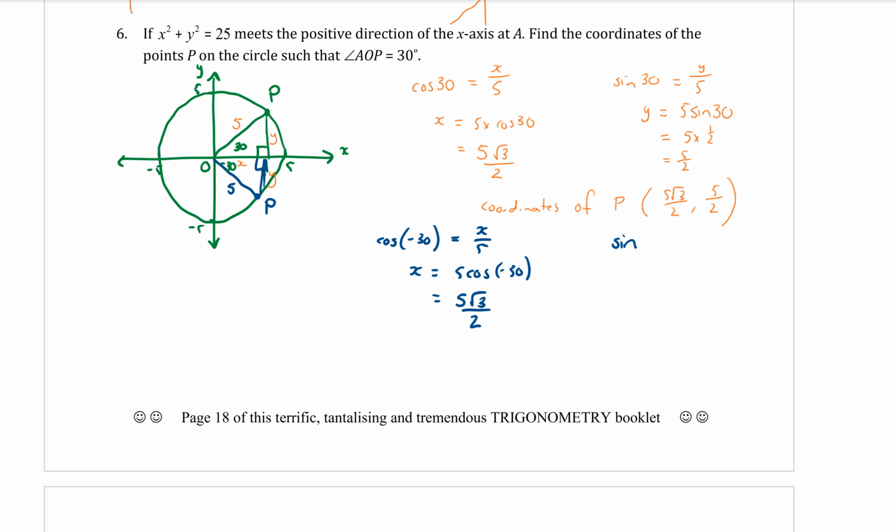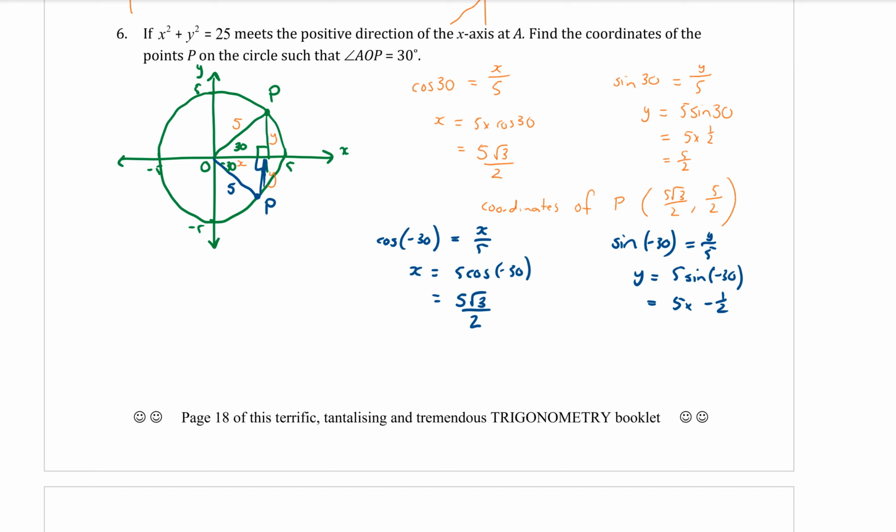If I do sine of negative 30, I get y/5. So y is going to be equal to 5 times sine of negative 30. But because we're doing sine in the cos quadrant, that actually would come out to be a negative sine 30. Sine 30 is a half, but it's negative a half. So that's 5 times negative a half, because we're doing sine in the cos quadrant.